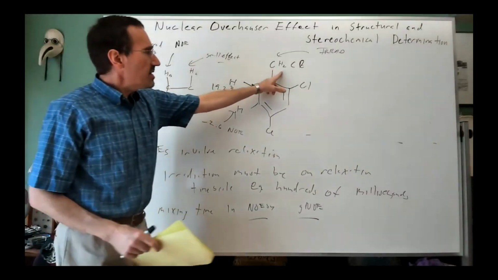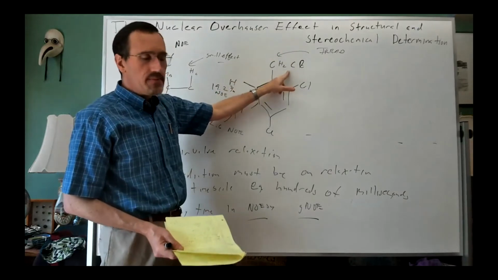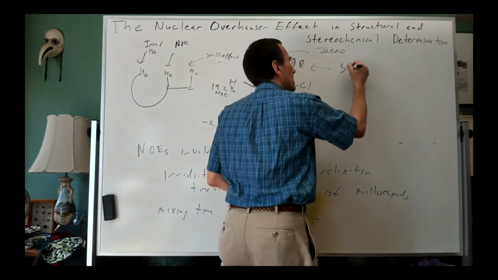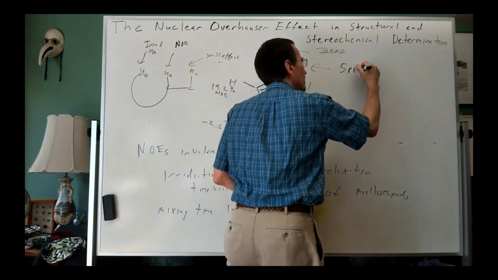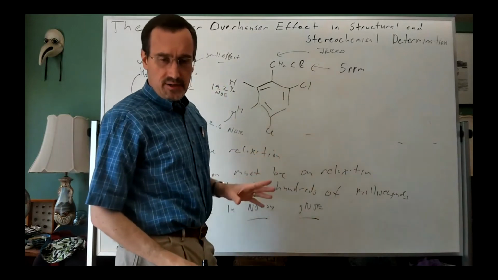James, I have a question. How do you specifically irradiate one proton over the other? I'm not understanding the physical. Oh, let's say that this proton here is at, I don't know, it'd be about 5 ppm. So let's say that this proton is at 5 ppm, and I'm on a 500 megahertz NMR spectrometer.